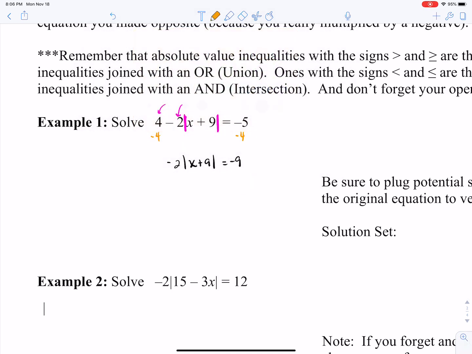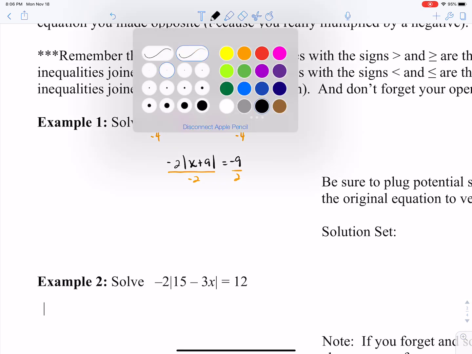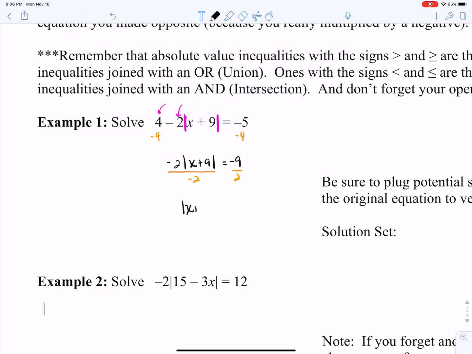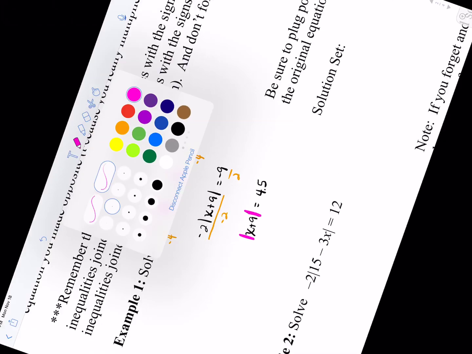And then get rid of the negative 2. And now you can see on the left-hand side, here are my absolute value bars. There is nothing in the front of it. There is nothing left behind it. We are ready to look inside.